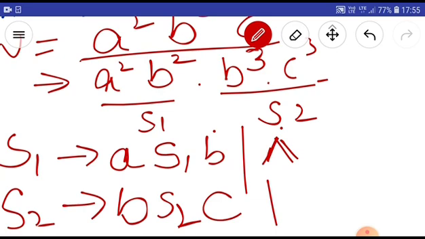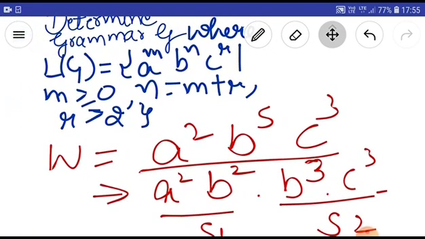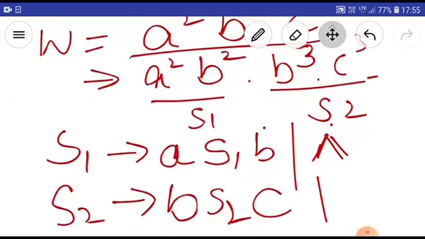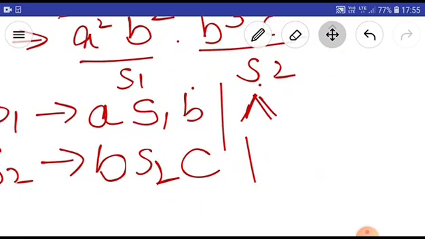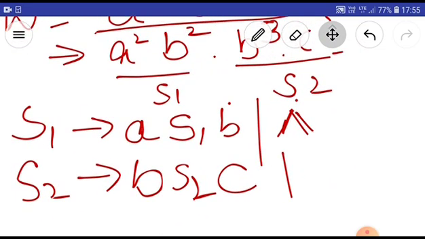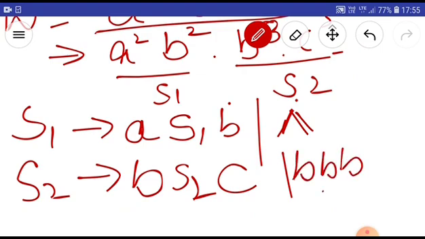Because kappa means the null string, and you can check the condition that R value should be greater than 2. It should not be equal to 0. It should not be less than 2. So the minimum possible string will be B cube C cube. This is my minimum possible string for S2.